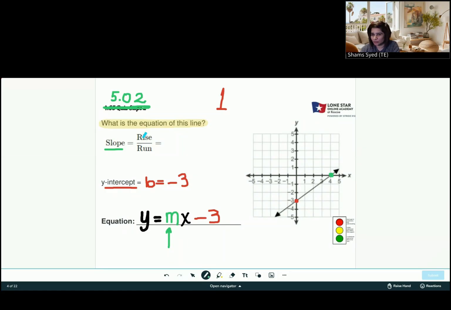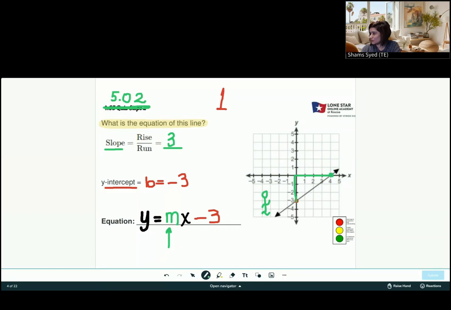Let's find the slope. It is going to be rise over run. Let's do the rise. Rise is how many units? Remember, the stick figure starts from the left side. How much is the rise? I went up 3 and over 4.